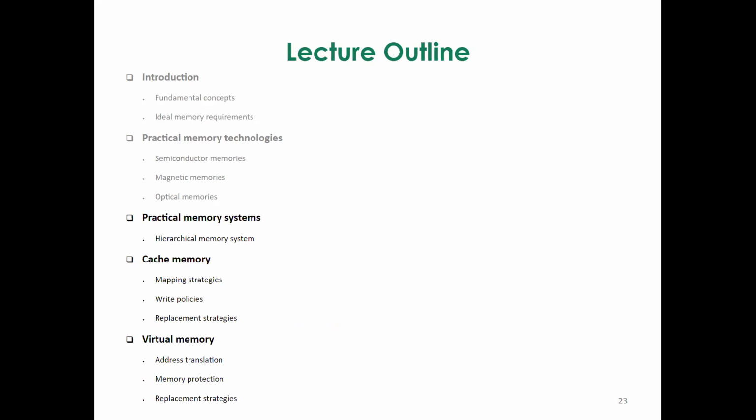Previously, we introduced memory, covering fundamental concepts of what memory is and the importance of its interaction with the processor, and how that really gives us the computing functions that we enjoy.